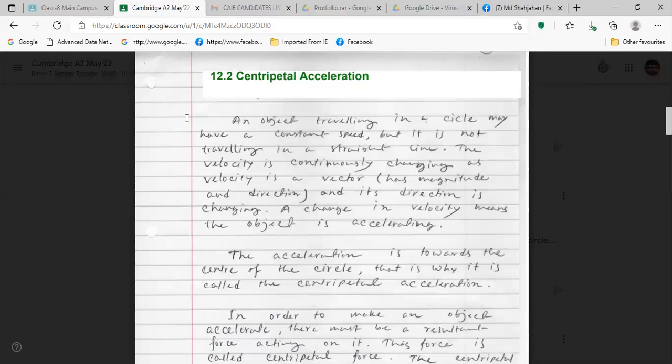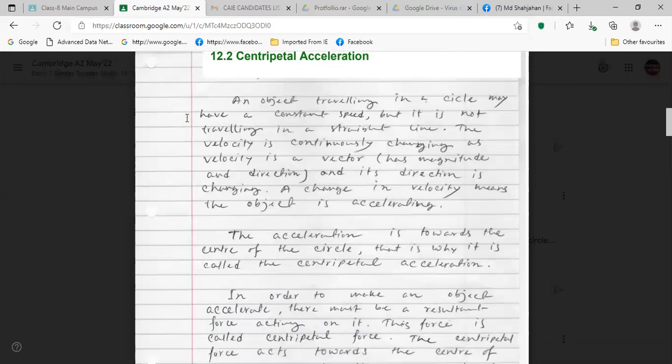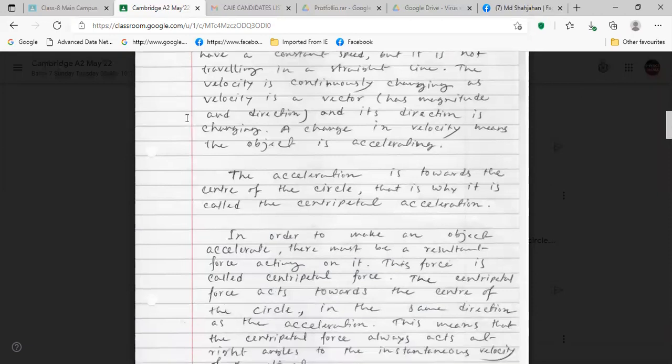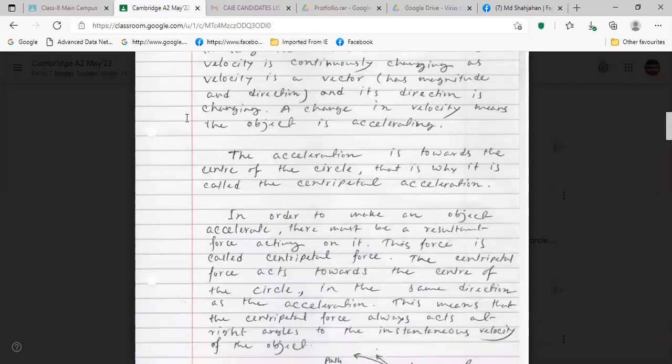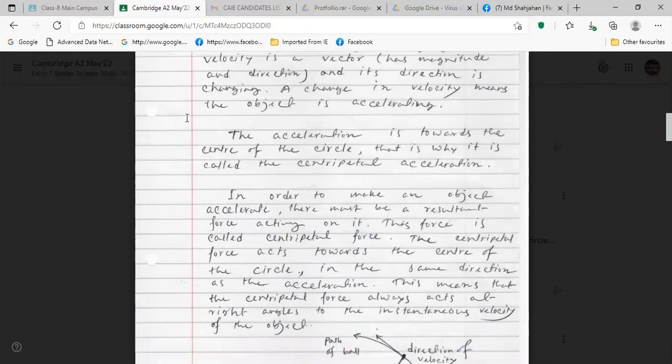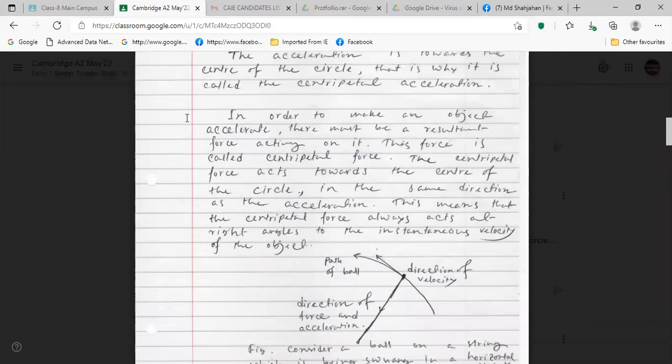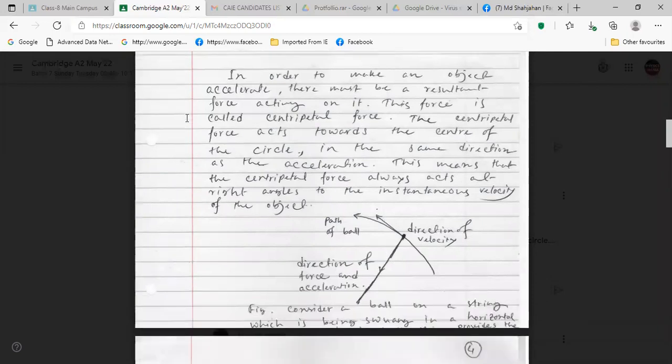In order to make an object accelerate, there must be a resultant force acting on it. This force is called centripetal force. The centripetal force acts towards the center of the circle in the same direction as the acceleration. This means that the centripetal force always acts at right angles to the instantaneous velocity of the object.